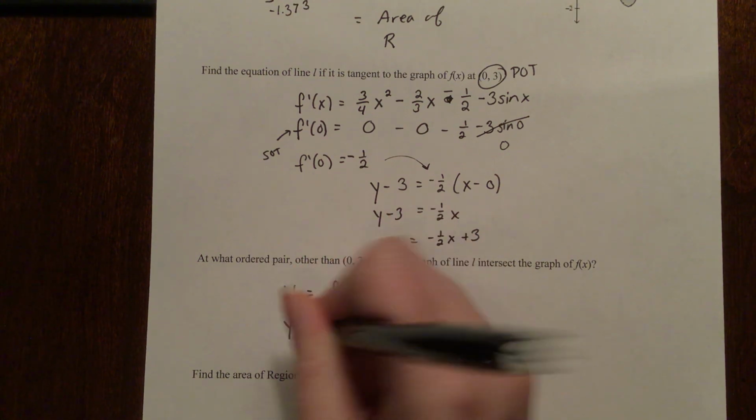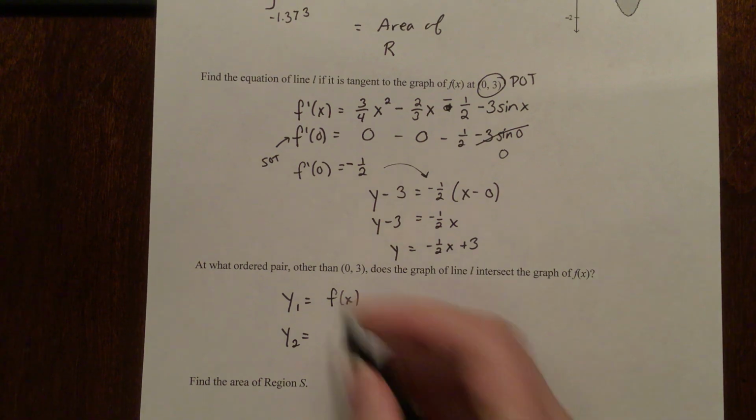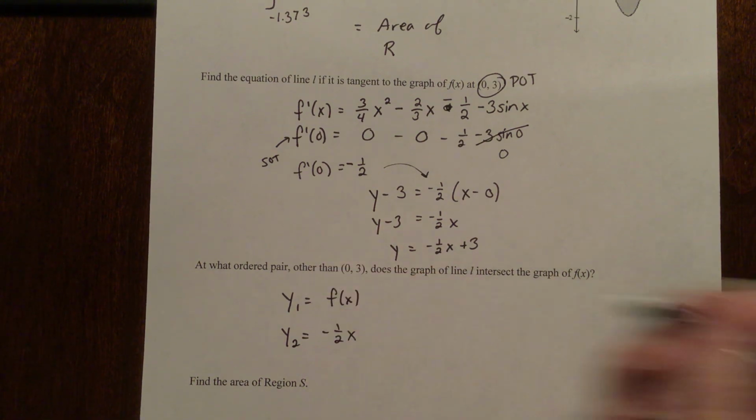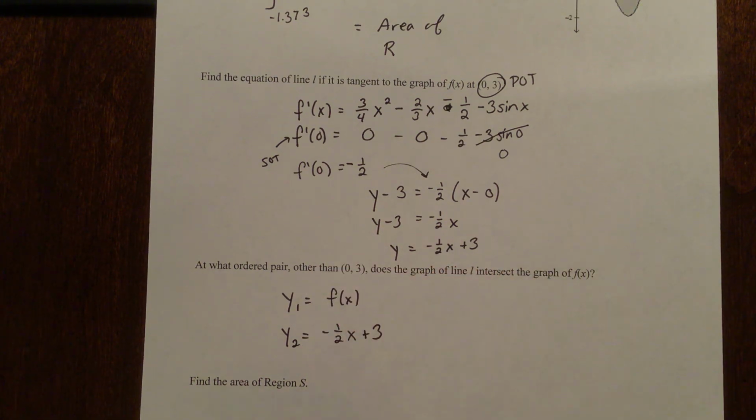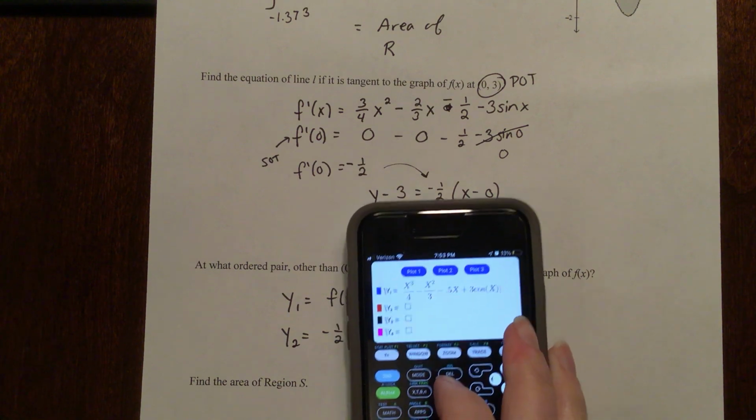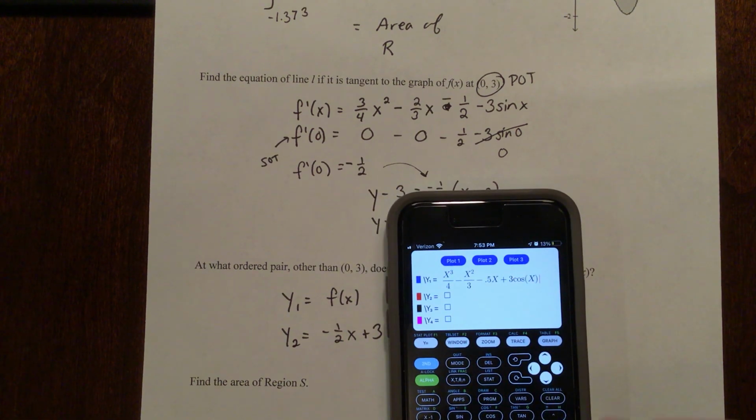And let's say that y2 is going to be that line that we just had, negative 1/2 x plus 3. I'm going to go back to my y equals. And in y2, I'm going to plug in negative 1/2 x plus 3.